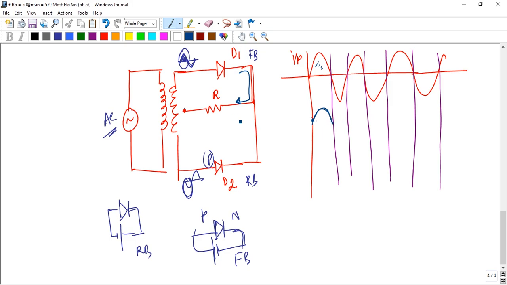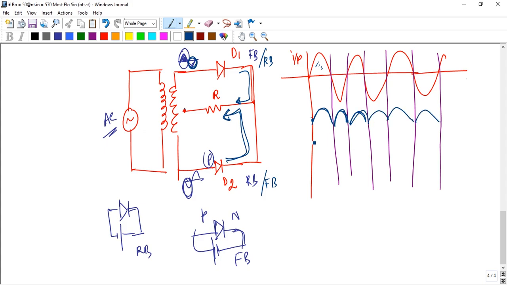When D1 is forward biased, D2 is reverse biased. In the next cycle, when there is a negative portion, D1 is reverse biased and D2 is forward biased. Current passes via D2 and goes to R, so this negative portion is converted into a positive cycle, and similarly it goes on.